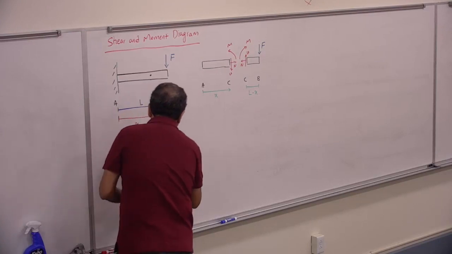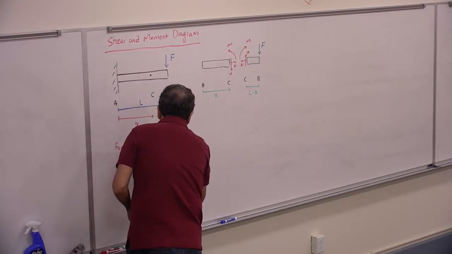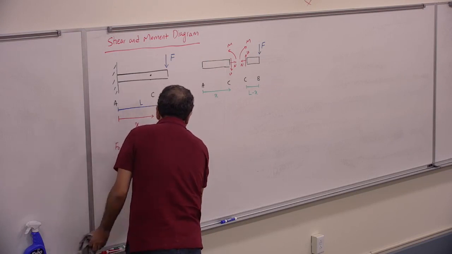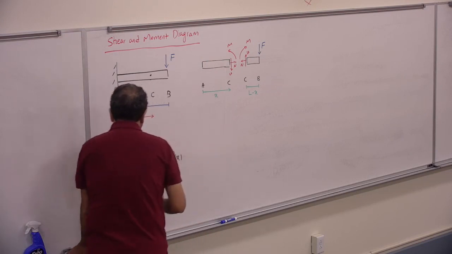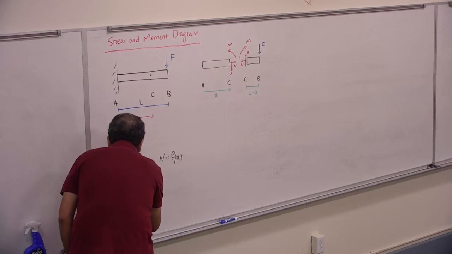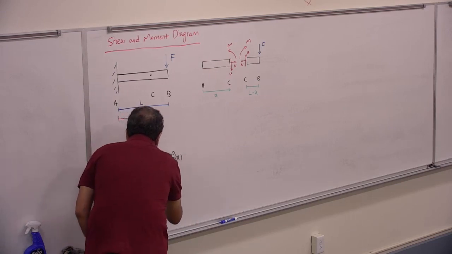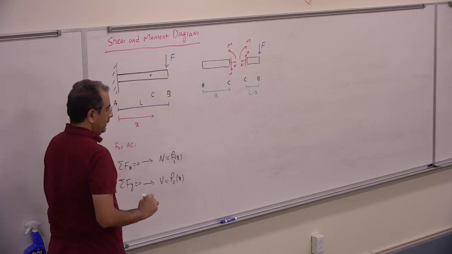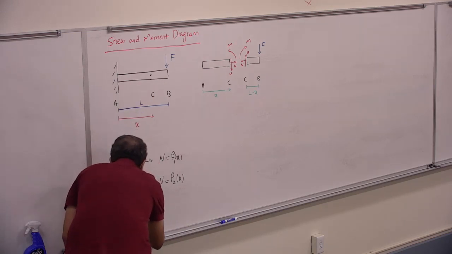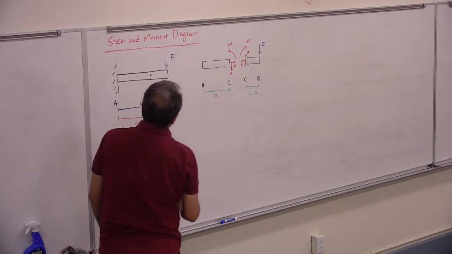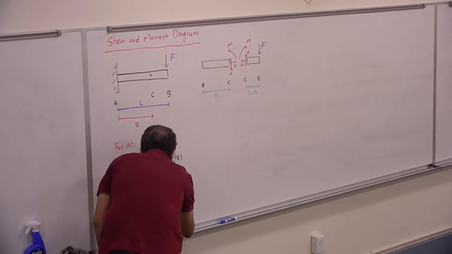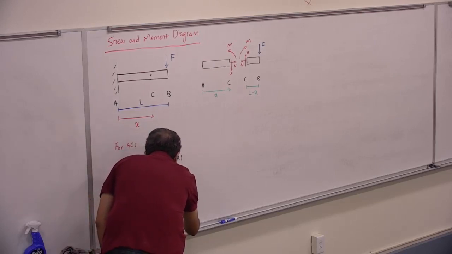If I write sigma Fy is 0, then it will give me V as some function of x. And if I write sigma M about point C is 0, it will give me M as some function of x.